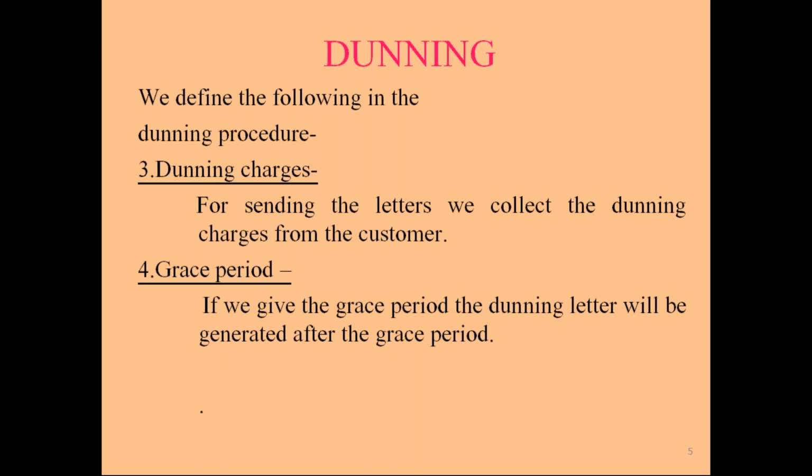Whatever time gap they want to maintain, they can maintain it. But we will go ahead with a time gap of, let's say, 10 days. That means if I have generated the first letter today, the second letter I'll generate after 10 days, and the third letter I'll generate again after 10 days. I'm giving a time gap of 10 days between the dunning letters.